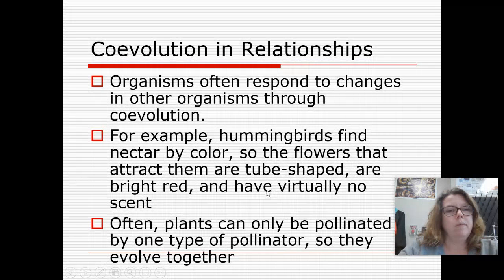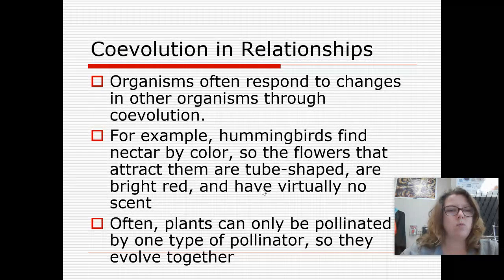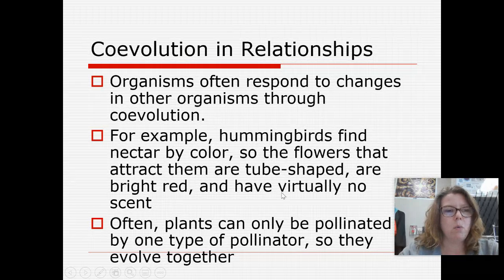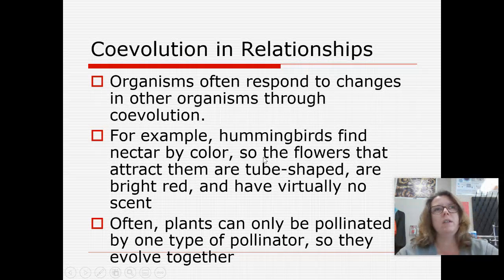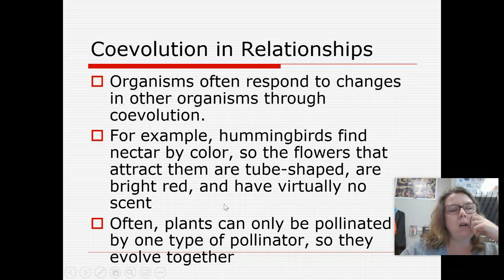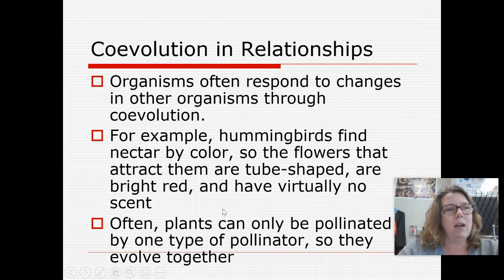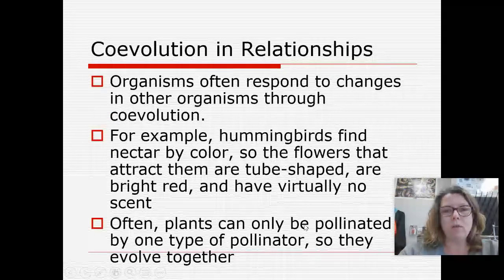And the hummingbirds, in turn, had that long beak that is able to get down into the flower, and that's why that tube-shaped flower is important. So when you see plants that are evolved in a specific way to attract a very specific pollinator, that's usually the result of coevolution. And oftentimes plants can only be pollinated by one type of pollinator, so they evolve together.